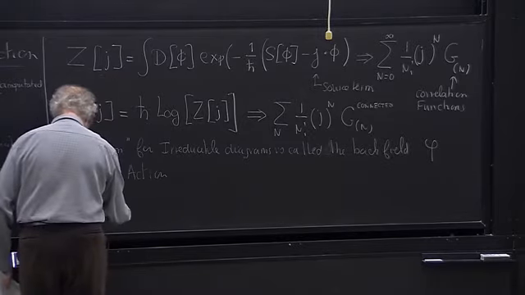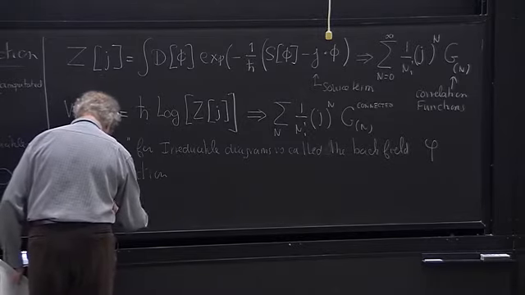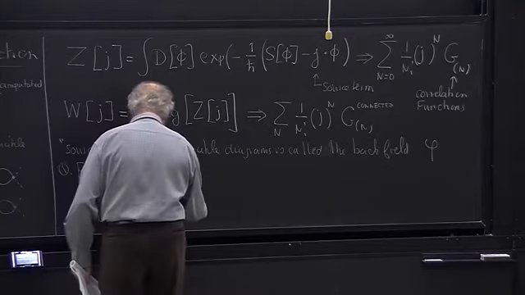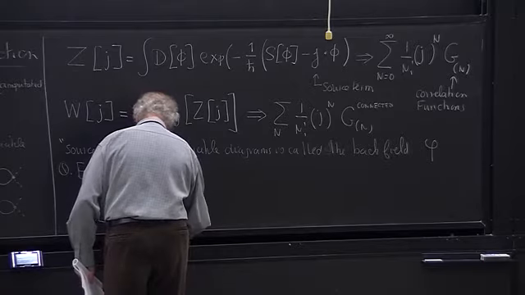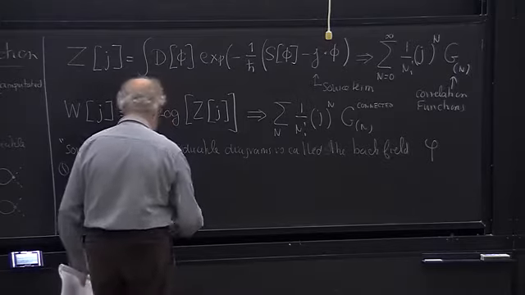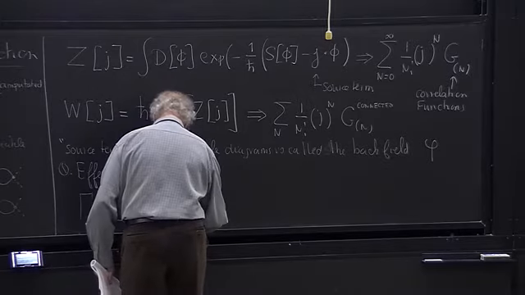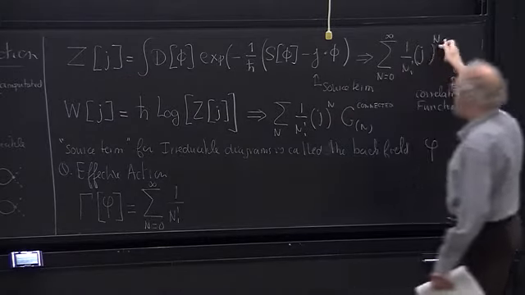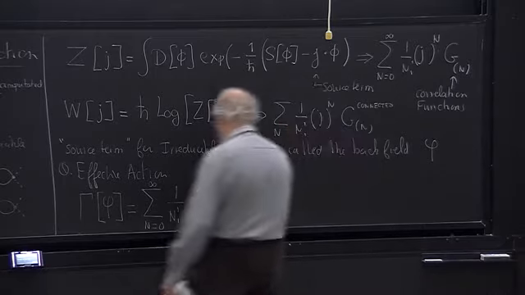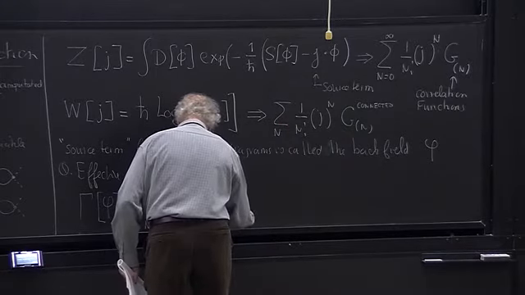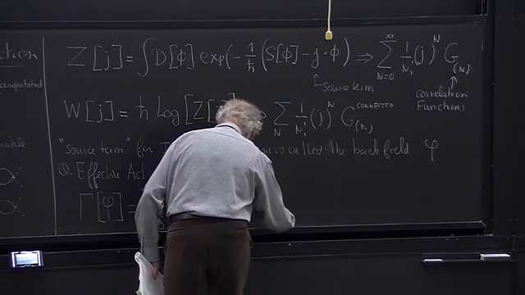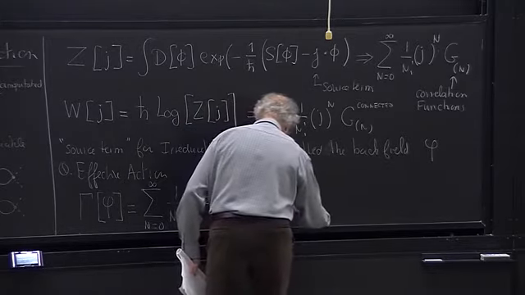I define it as some gamma of phi, which is the same thing, a sum from n equal 0 to infinity. I'm going to write it more carefully, so it's going to be 1 over factorial n. G to the power n becomes phi to the power n, but this is a big integral over the endpoints dz1 up to dzn, phi of z1 up to phi of zn.